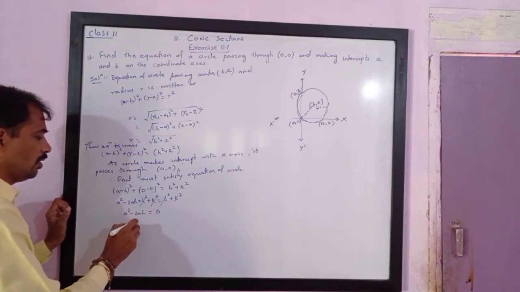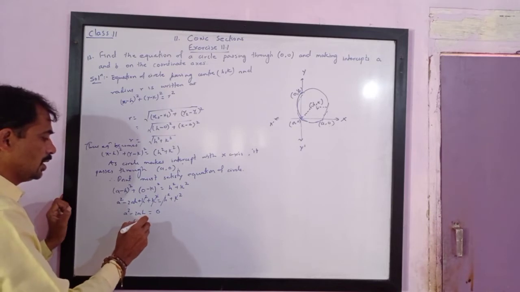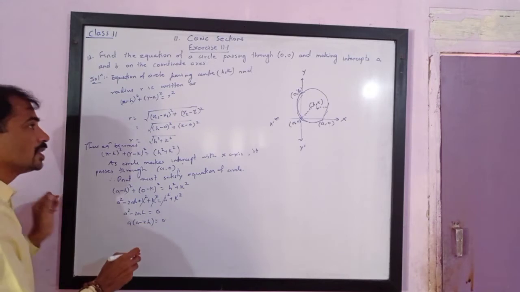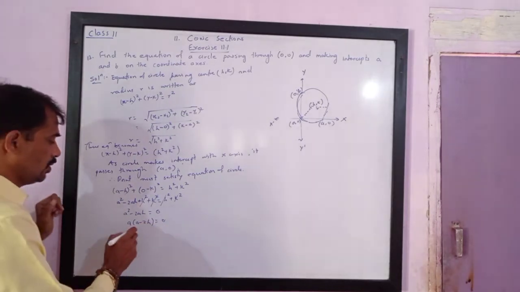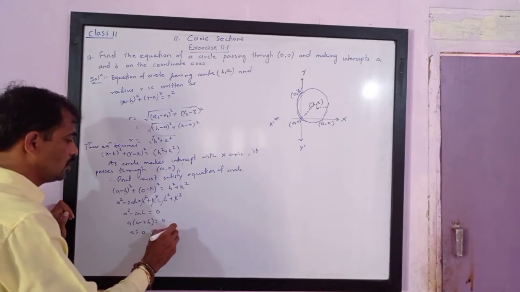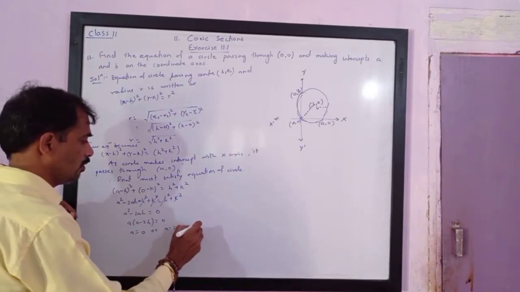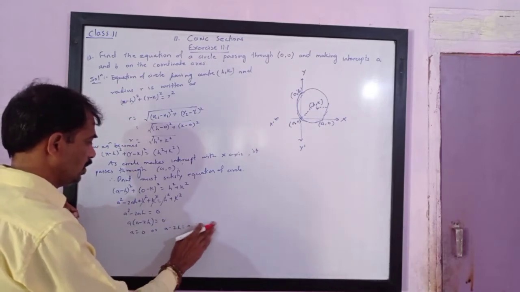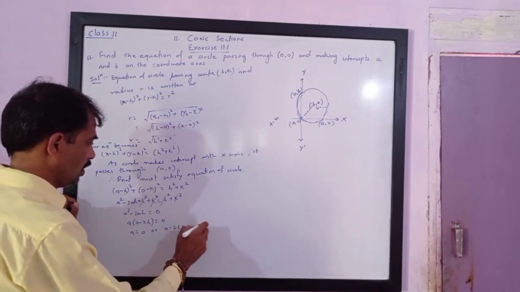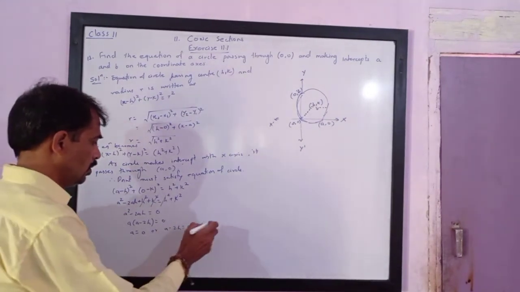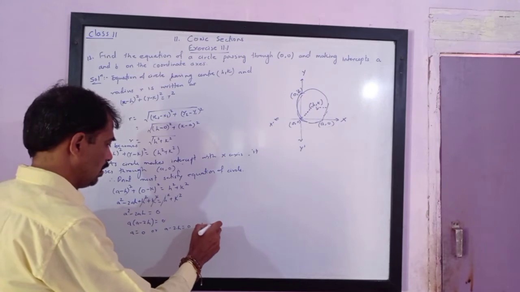If you take a common, you will have a(a minus 2h) is equal to 0. It means a is equal to 0, or a minus 2h is equal to 0. Therefore h is equal to a upon 2.